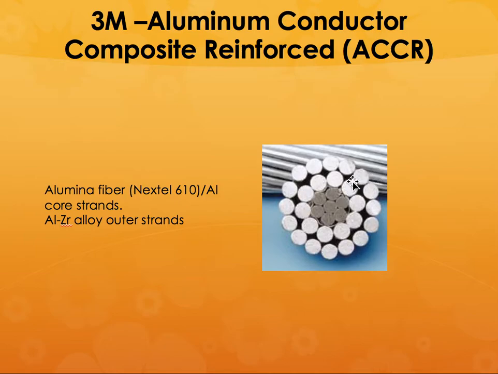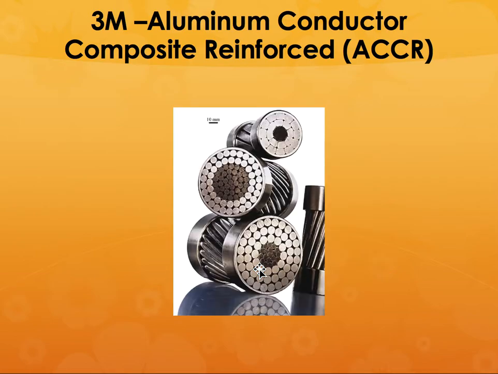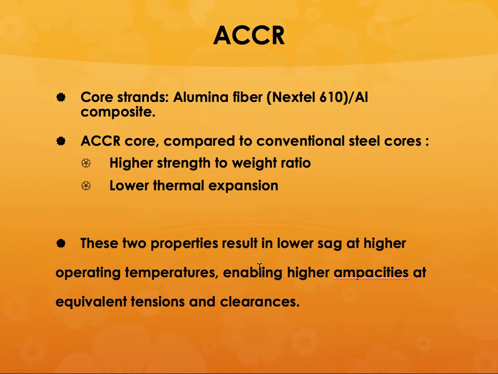You keep extruding them again and again to make really, really tiny fibers that are surrounded by a soft matrix material. Okay, I'm not going to go too much into depth with that. So this is an example of that.